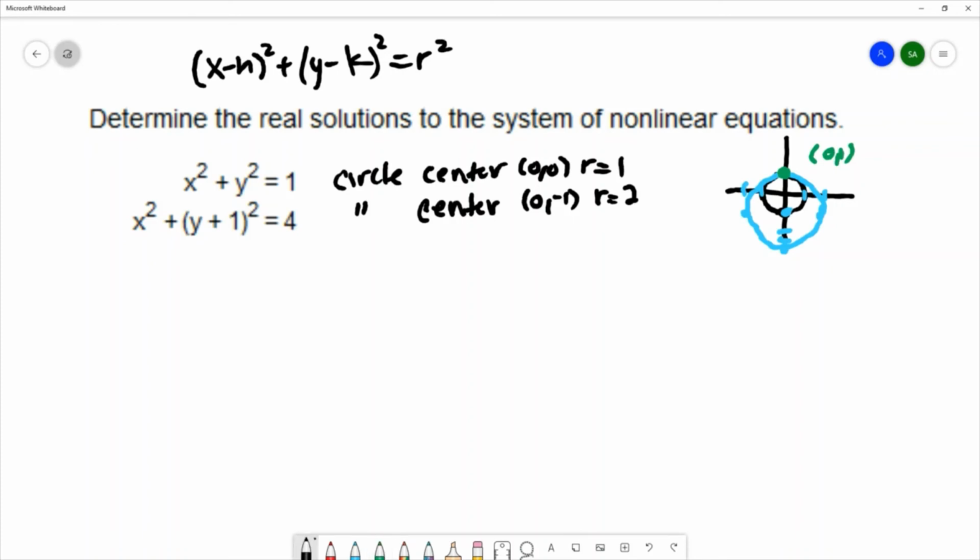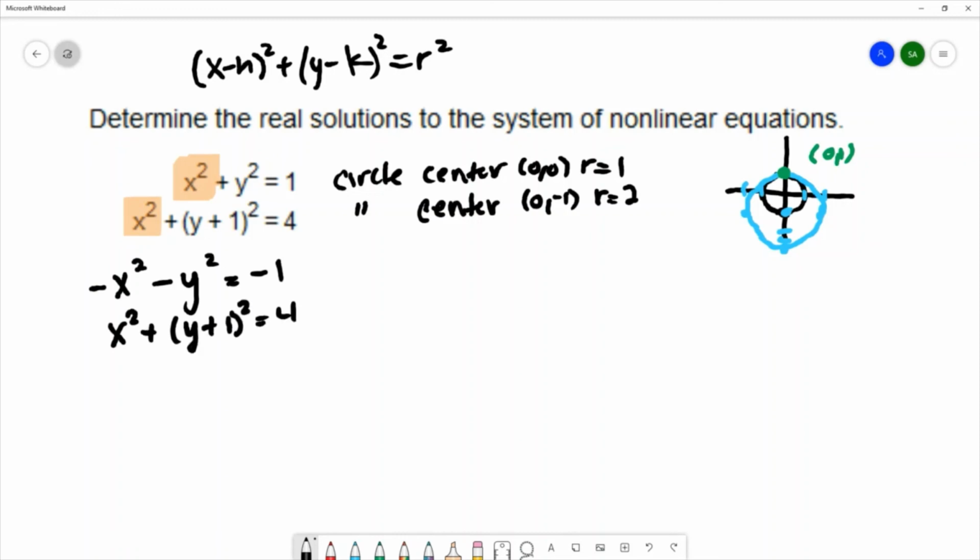And if I solve this algebraically, I'm noticing here that I have an x squared in both terms. So I'd like to use the elimination method and eliminate that variable of x squared. So to do that, I would multiply a negative onto, let's say, the first equation and leave the second equation exactly the same.